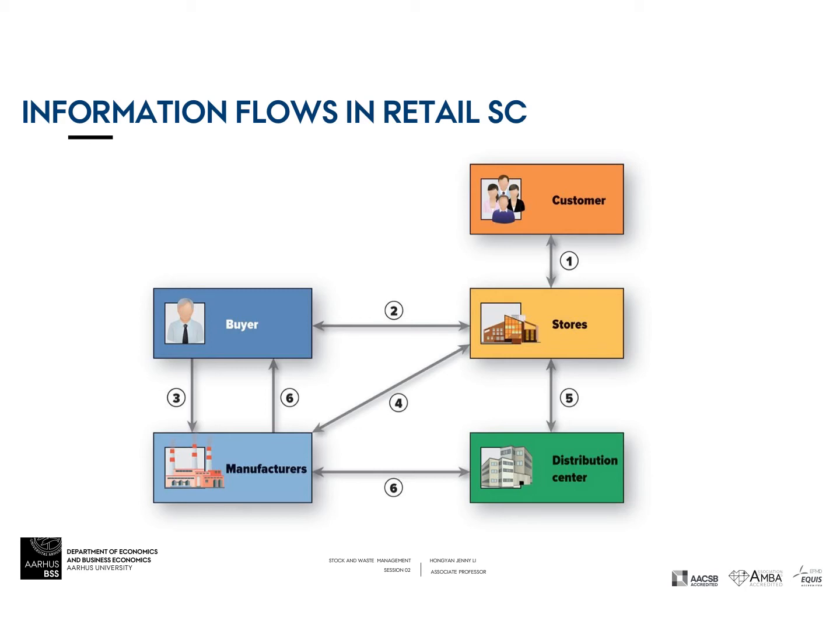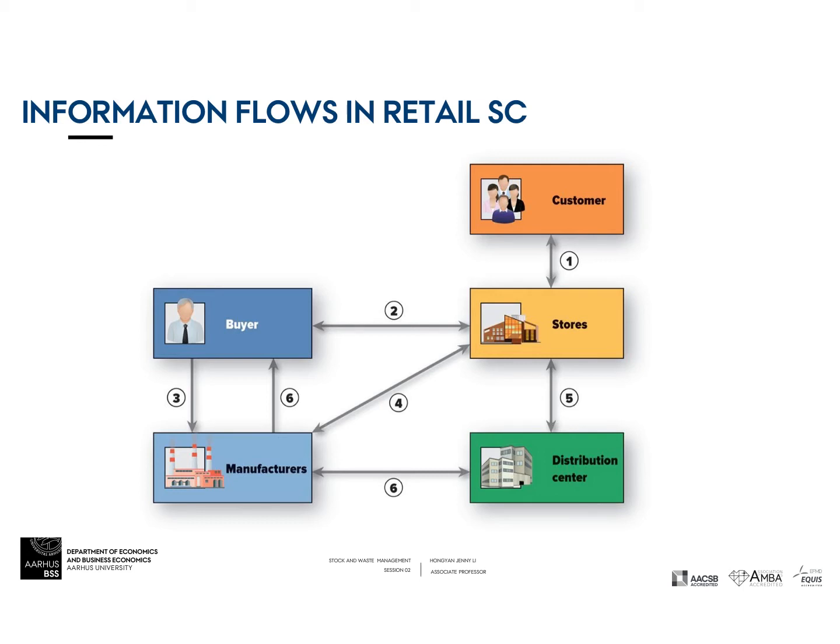Now you can see there are different types of information flows. The information flow from customer to store is a bi-directional information flow. From store to distribution center, that's also bi-directional. From store to buyer, that's a second type. It's also bi-directional information.